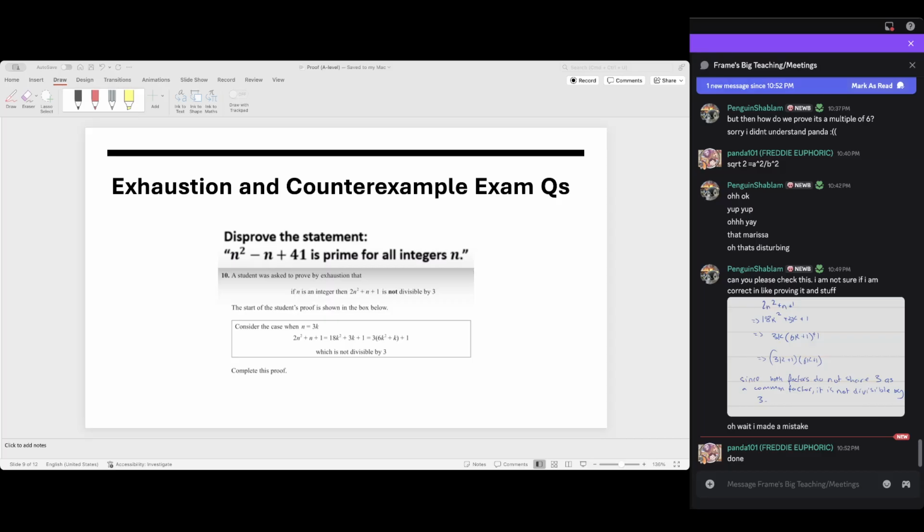Then you need to understand that there is a third case, and I think you should be able to do both of them.